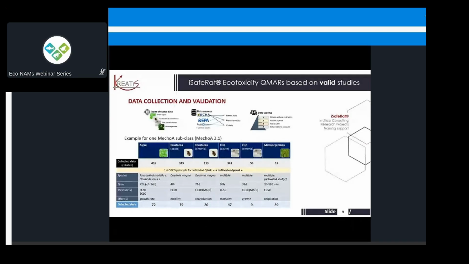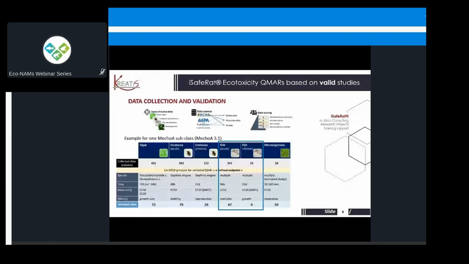We include them in a master database where we explain why we're not using them. This is an example where we've taken the fish one for MECOA 3.1, which we've just been talking about. There were initially vast numbers of acute fish studies located for these substances, and for fish chronic there were quite a few as well, but we finally whittled them down.